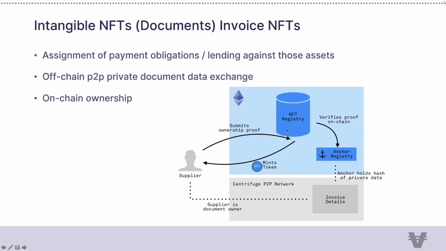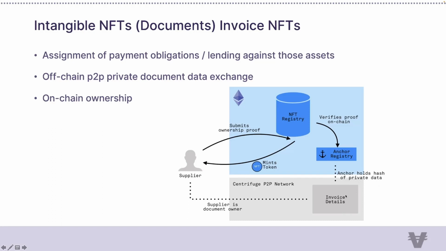This, of course, takes place on the blockchain, and on the Anchor registry, this will be verified. Anchor registry holds the hash of the private data. So the private data that is part of that financial instrument, whatever it may be, cannot be found on Ethereum, but it can be found on the Centrifuge peer-to-peer network, and that data is then private.